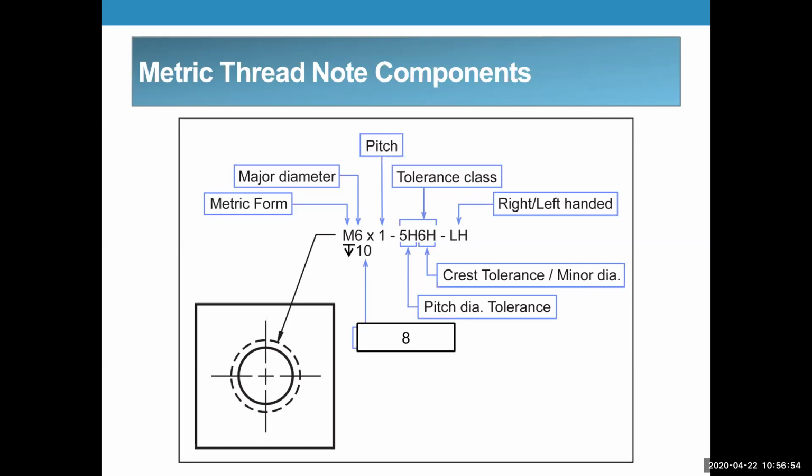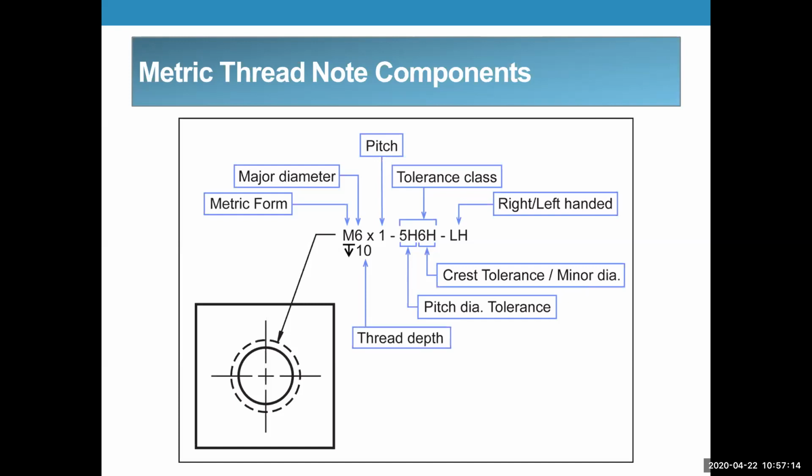The only time you need to call out the class is if you don't care about the accuracy and it can be a loose fit, or on the other end of the spectrum, you want it to be a tight fit, so that there's less clearance between the mating threads.